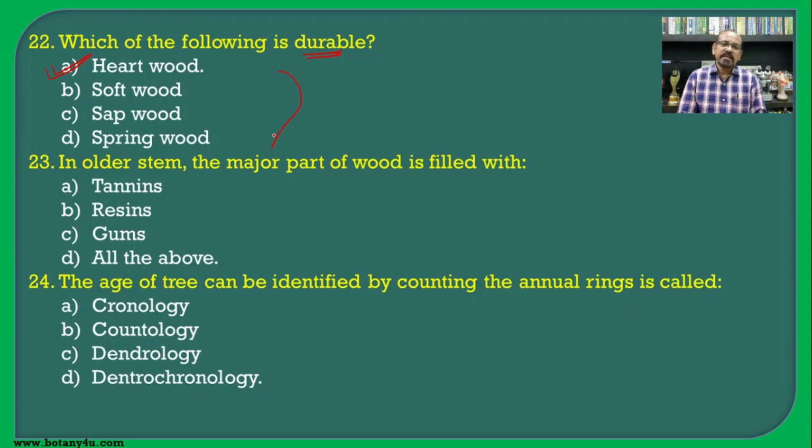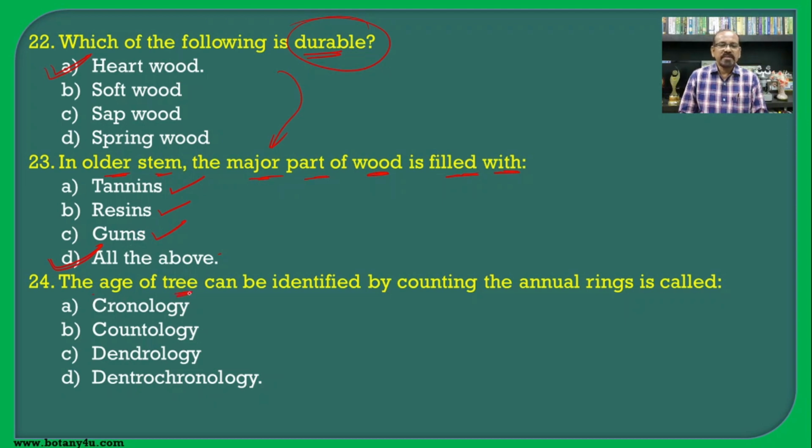Let's see the next question: in older stem, the major part of the wood is filled with tannins, resins and gums, and because of this it becomes durable, and hence all the above is the answer for this question.